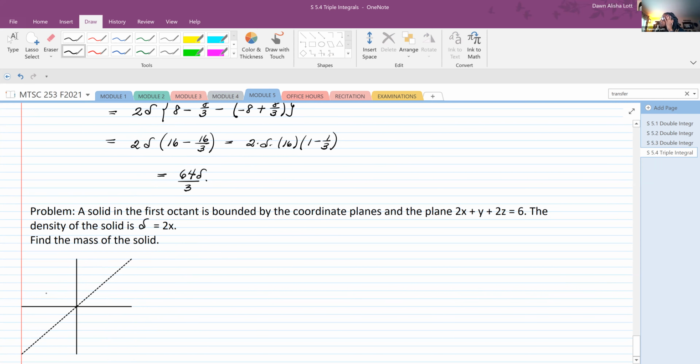When x and y are 0, x is equal to 3. So this is the point 3, 0, 0. And when x and z are 0, y is 6, so 0, 6, 0.